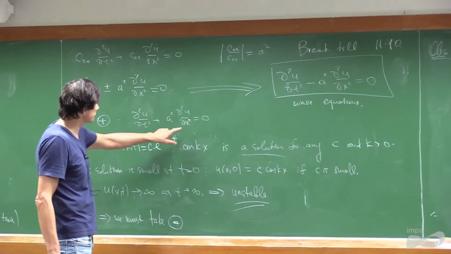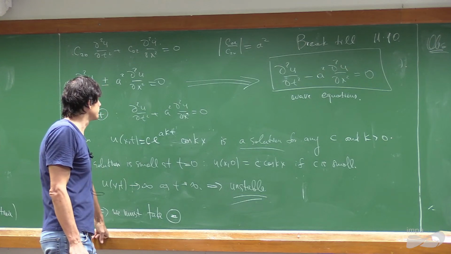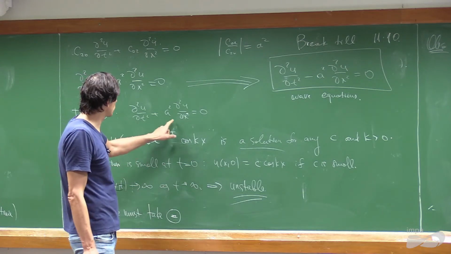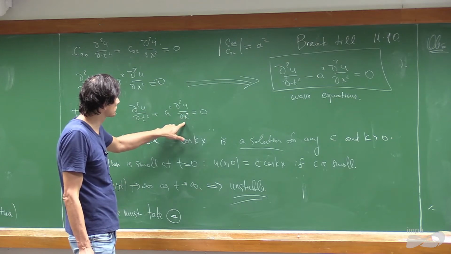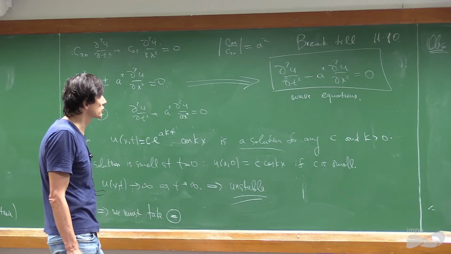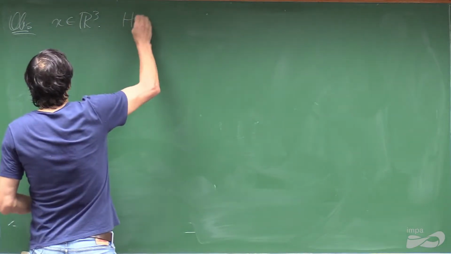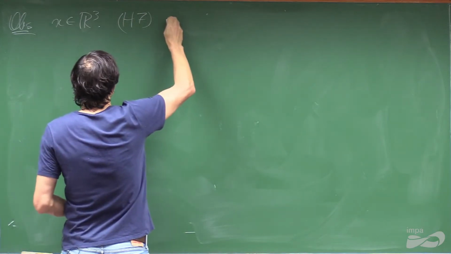When you put it in higher dimension, you get the same equation, but now you will have several unknown coefficients, because you will have the second derivative with respect to x1, x2, and x3. So you can add one more hypothesis, which would be 7, that the system is isotropic.